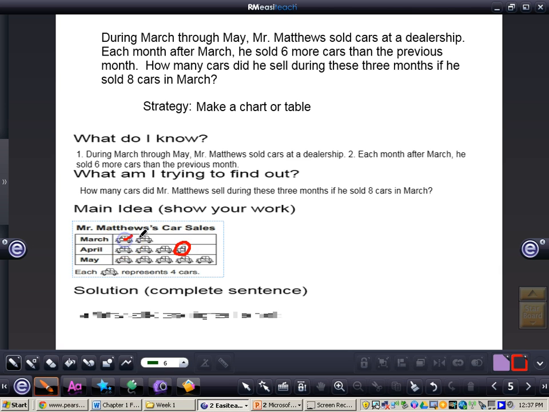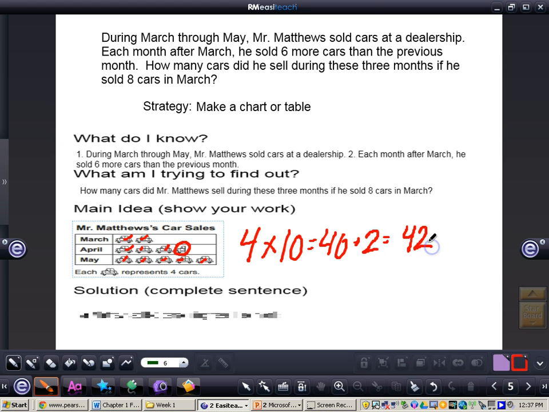Okay, so we have 1, 2, 3, 4, 5, 6, 7, 8, 9, 10 cars. Okay, we know that 4 times 10 equals 40. And then we're going to add that half of one there, which represents 2. That's going to equal 42.